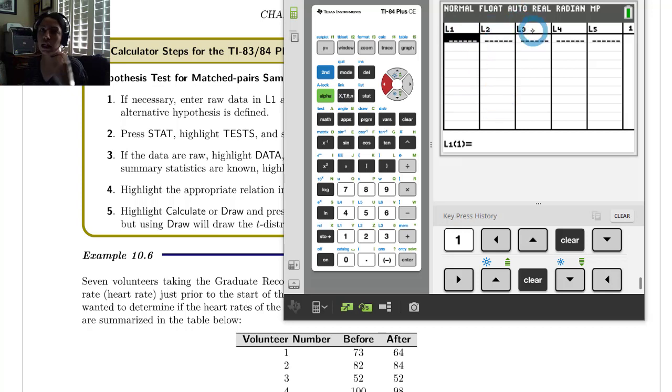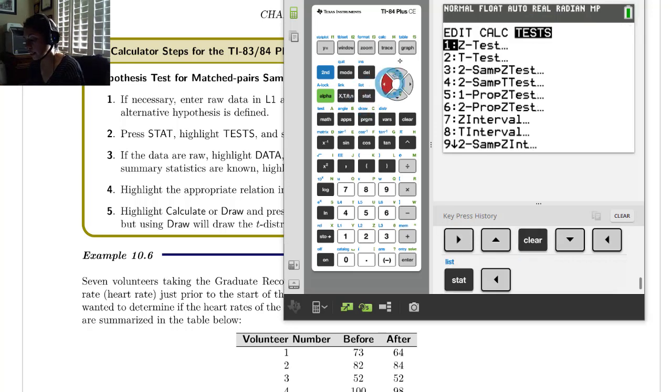Then, because we're taking two dependent samples with hypothesis testing and only looking at the differences, it becomes a one sample t-test on the differences. And therefore on list 3, we're going to put the differences. And then we just go ahead and go to stat and go to test and go to the t-test on the differences. So we have to be careful here.